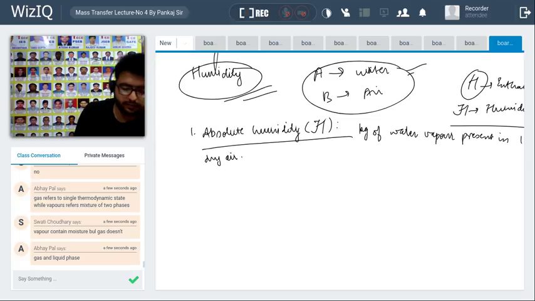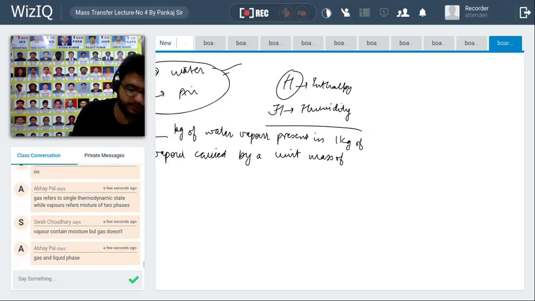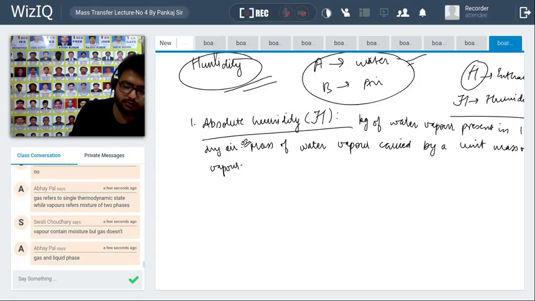Or it can also be termed as the mass of water vapor carried by a unit mass of vapor-free gas.